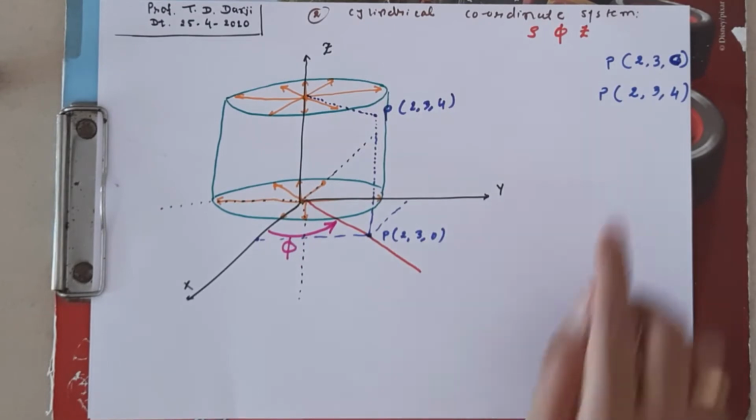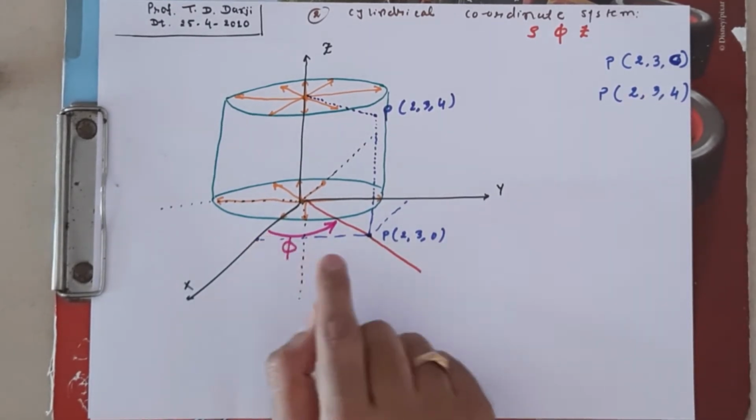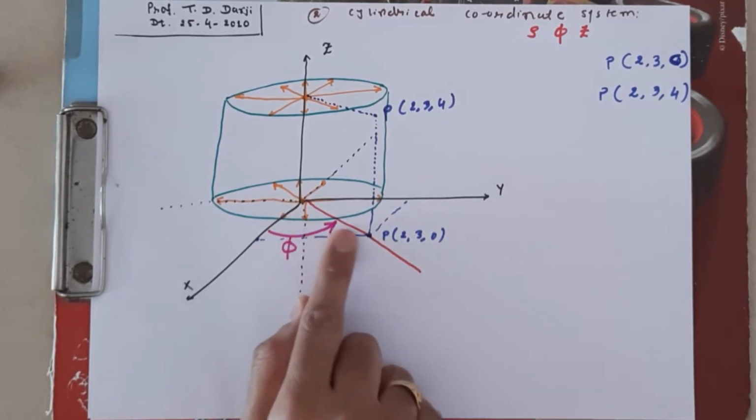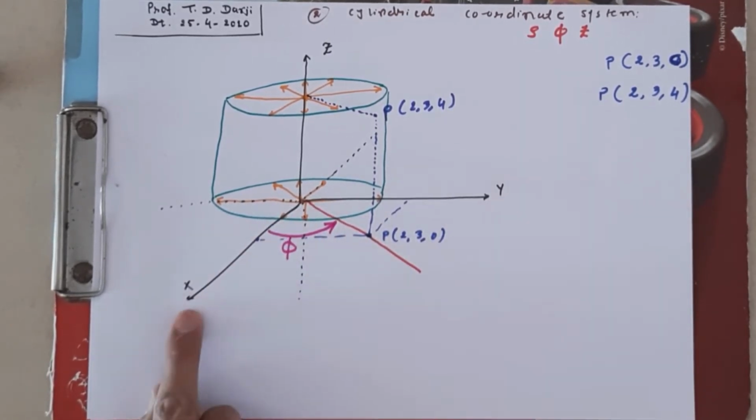So now what is phi? We have assumed phi is the angle with respect to the line passing through the point, with respect to the x axis.